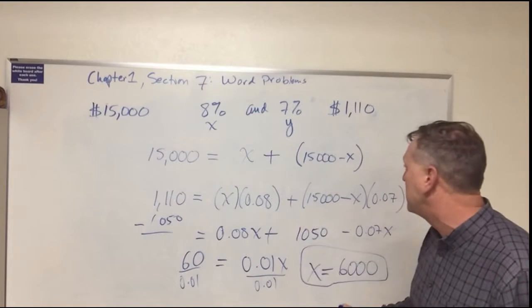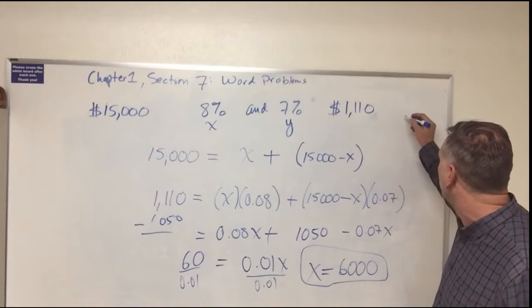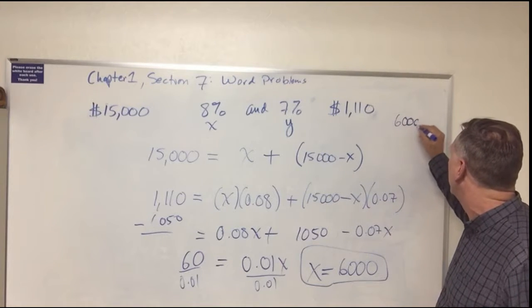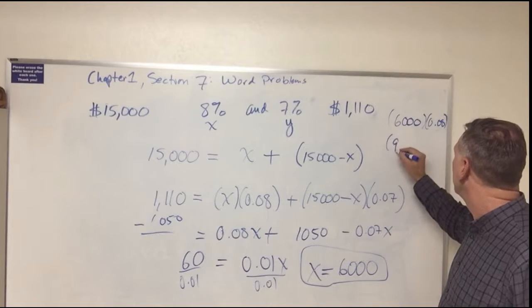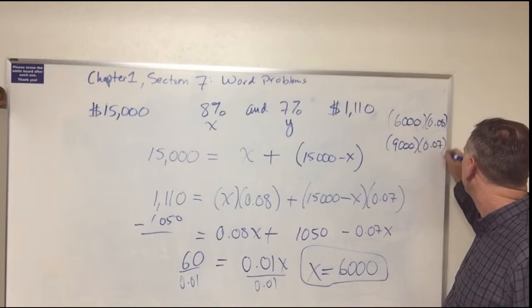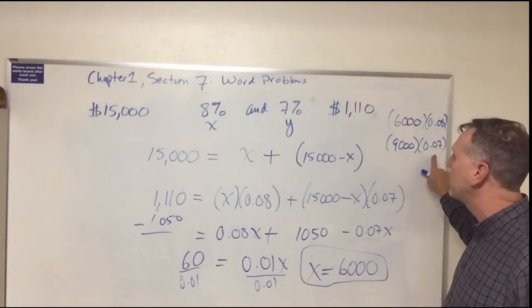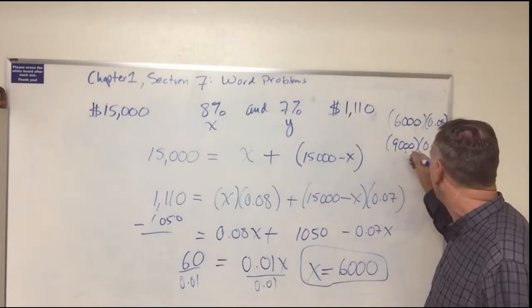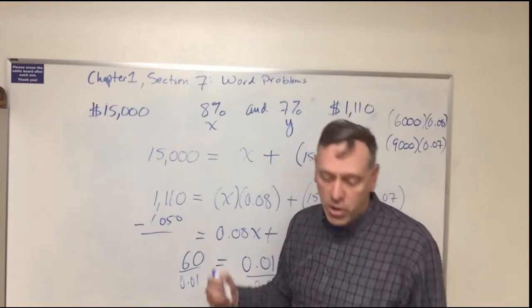And this is fairly easy to check. We have $6,000 invested at 8% and $9,000 invested at 7%, and we can multiply that out and add them up. That's $480. That's $630. So 480 plus 630, in fact, does equal $1,110.